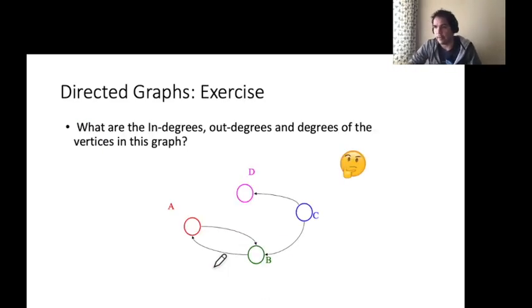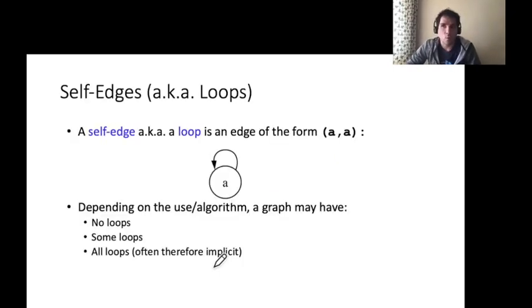I already talked about this, so I'm not going to solve this problem again. We can also have loops for a node, so sometimes we have connections from the node to itself. This is a self edge. Sometimes we use it, sometimes we don't represent that, depending on your particular situation.